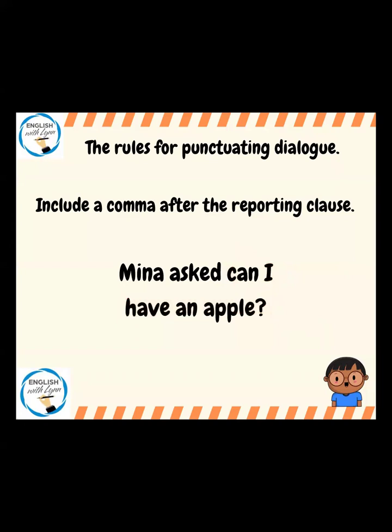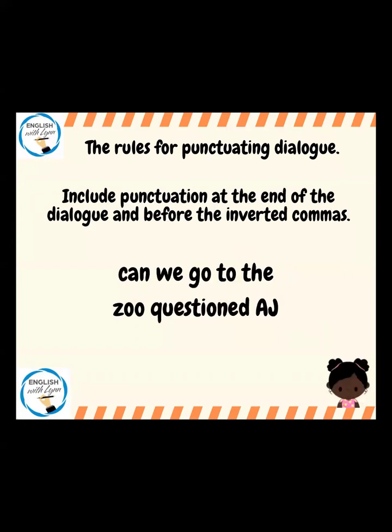And the final rule for when we've only got one person speaking is that we need to have punctuation at the end of what is spoken, but before the inverted commas. So let's have a look at this.